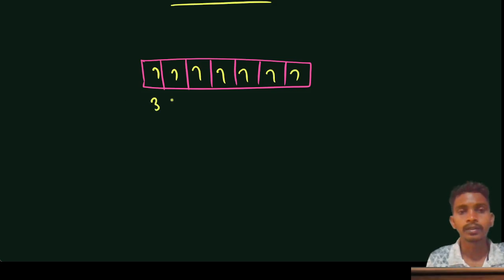This value is 3, this value is 2, this is 1, this is 0, this is minus 1, minus 2, minus 3, and it is fully half filled.